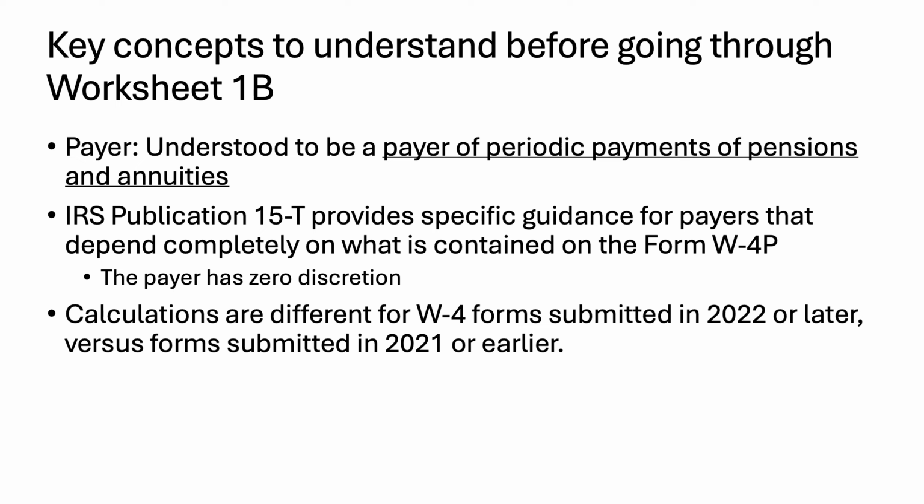And Publication 15T, as I mentioned, provides very specific guidance that depends completely on what is contained on your Form W-4P. In other words, the payer has zero discretion on what to withhold. Everything that they do is based on your instructions on the form and their adherence to the publication.